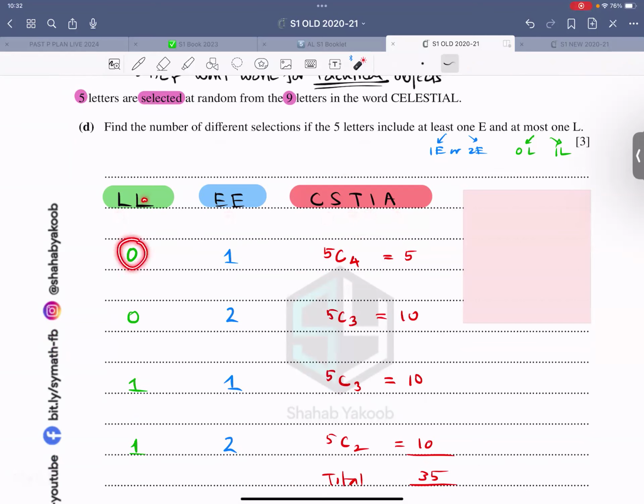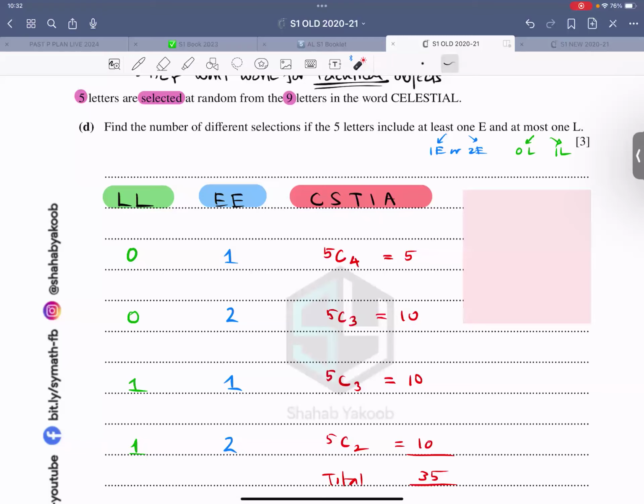If I'm choosing 1 L, if I'm choosing 0 L, I won't write 2C0. I won't. I'll simply ignore it. If I'm choosing 1 E, I'll just choose 1 E and I'll discard the rest. I have given the example of a photocopy paper, a Xerox paper. Just choose one, discard the rest. So you won't write 2C1. Why? Because we are talking about number of selection.